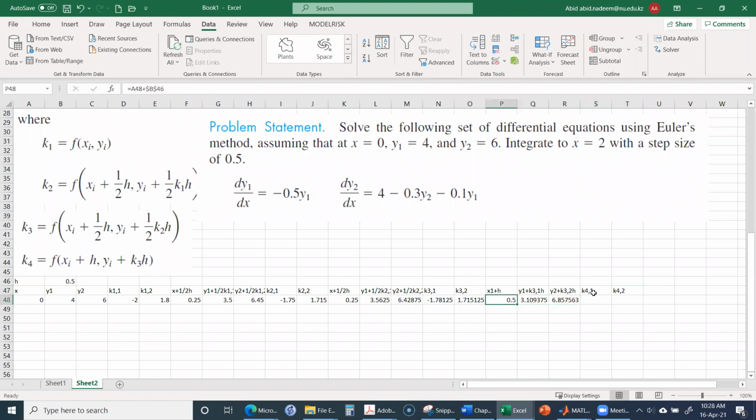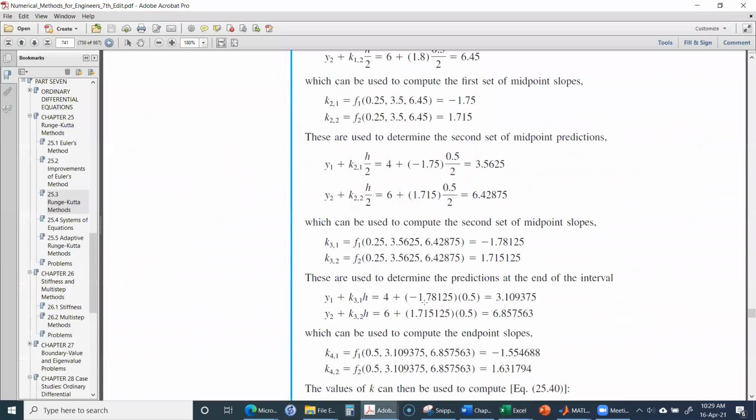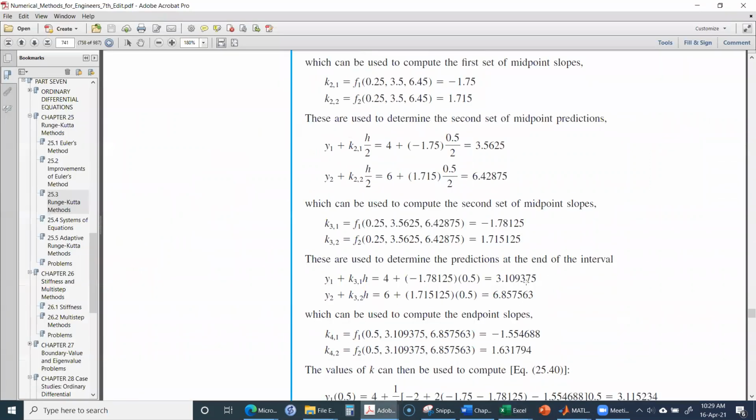By control C, control V, we can find 3.01 and 2.3. Is it the same?